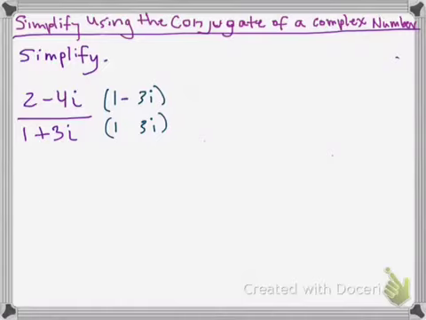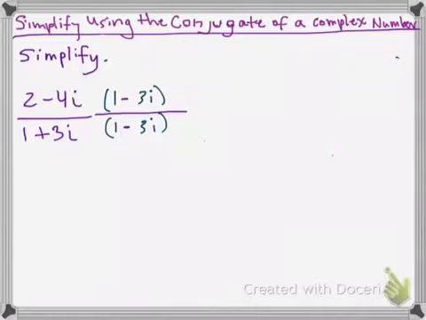So we had plus, and now we're going to do minus for our conjugate. And then we use multiplication, distribution, to multiply the binomials in the numerator and the binomials in the denominator. So let's go ahead and do the numerator first.